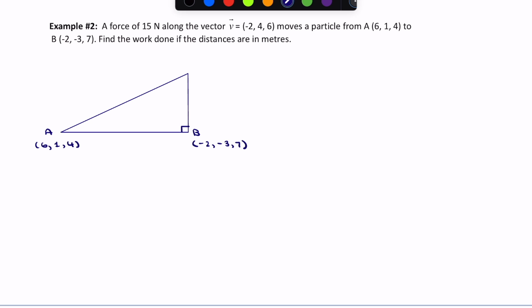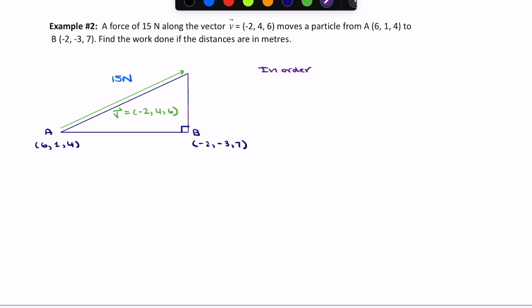And again, it has a force of 15 newtons, and the vector here is equal to (-2, 4, 6).